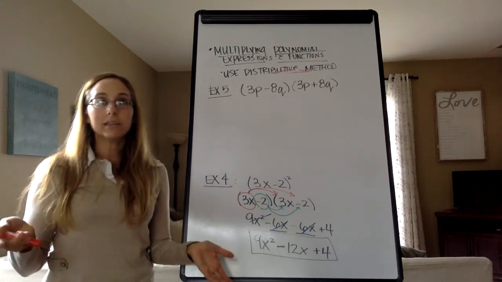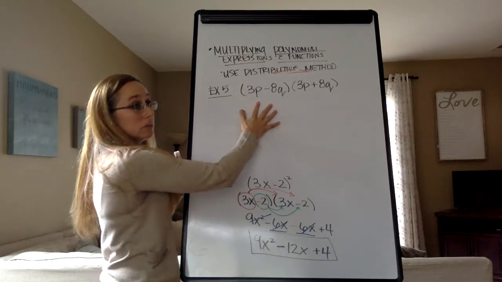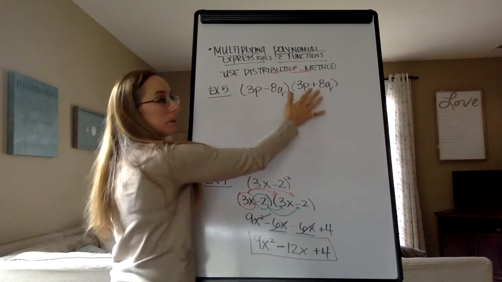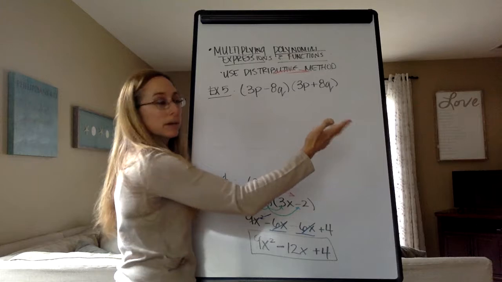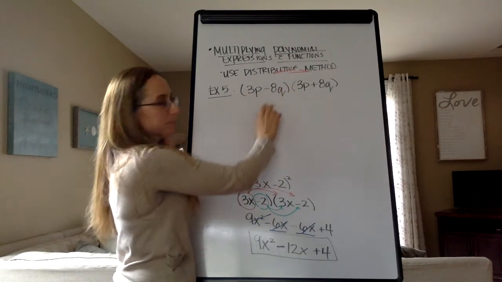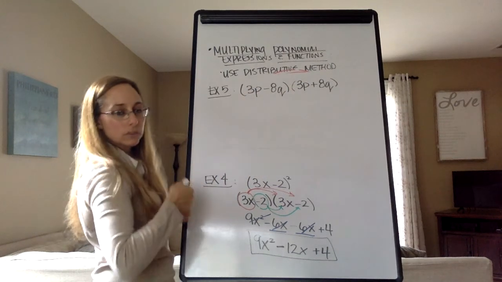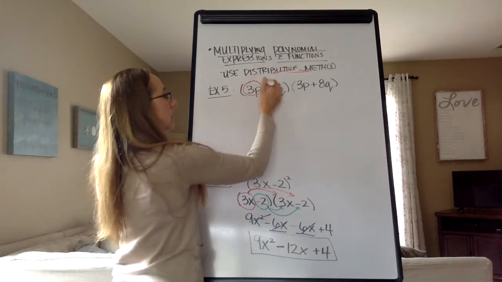Why do I keep saying binomial? That just means a two-term polynomial. So again, we just have a polynomial, specifically a binomial, times another binomial. Whatever you want to call it, we have these things multiplied together. Take your first term, 3p, and distribute it to both of the terms in the second polynomial.